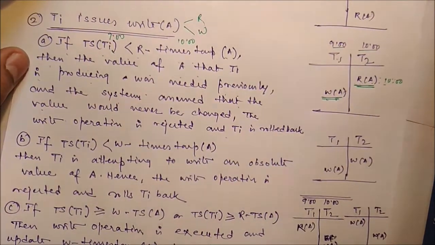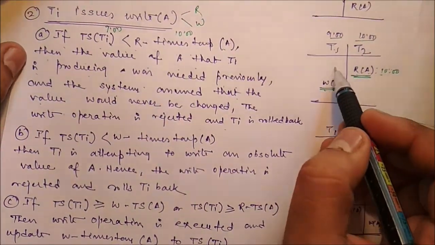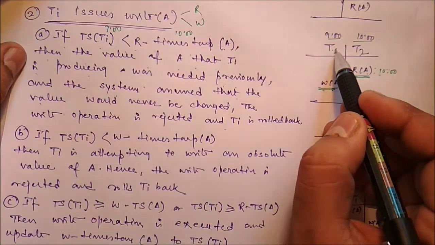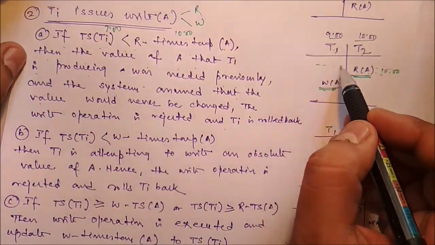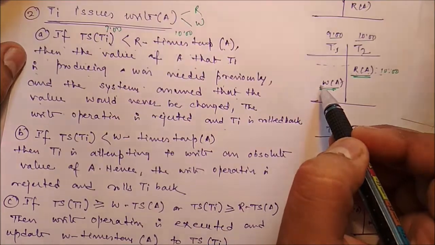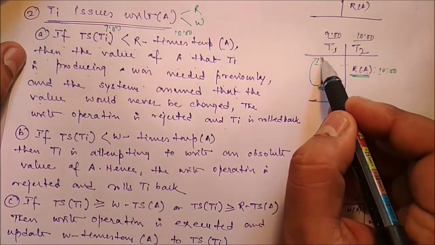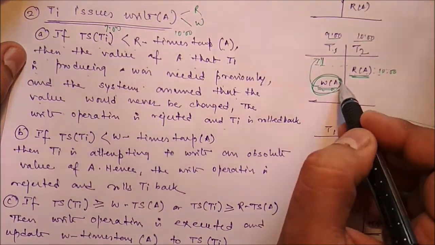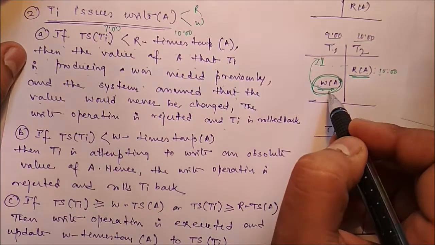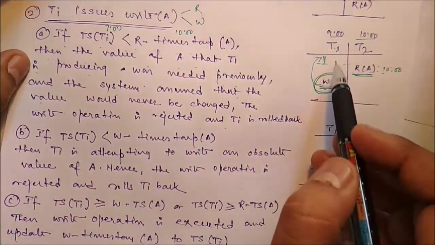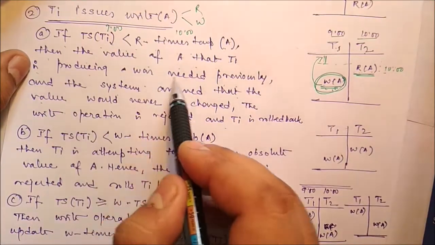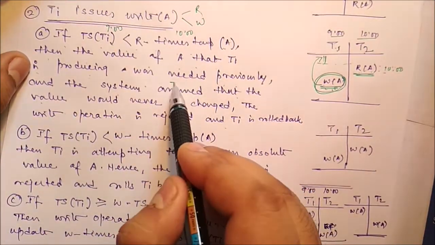Are you getting this one? That means T1 is an older transaction, and you can see that the write operation must execute before the read operation. That value was needed previously, but not now. The value that T1 is producing was needed previously.